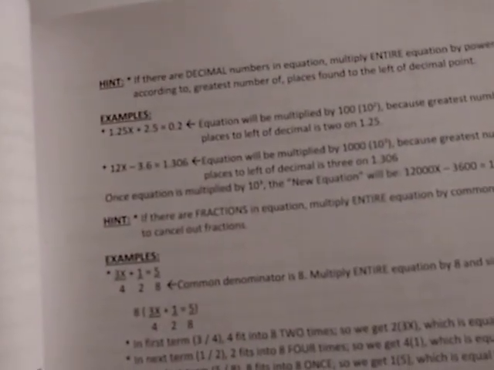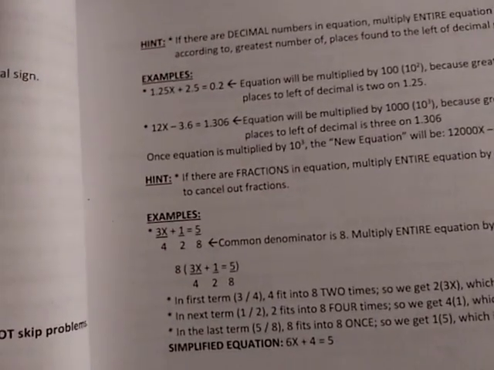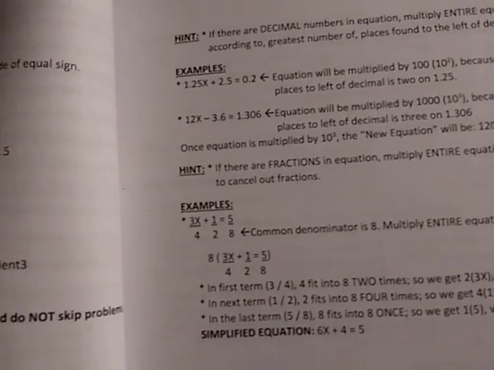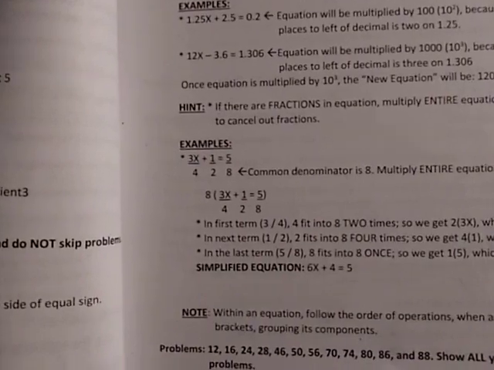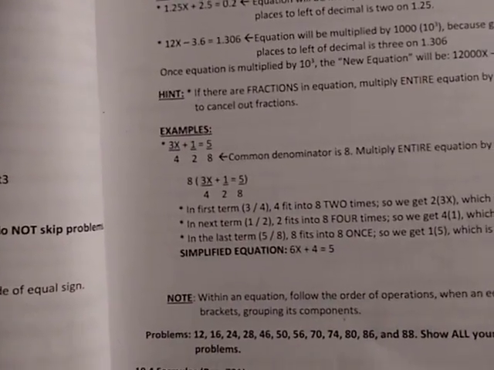Okay, and as I mentioned, we went over clearing decimals, so we also need to clear the fractions as well. So for example, let's say we have the following problem. Okay, so we have 3x over 4.